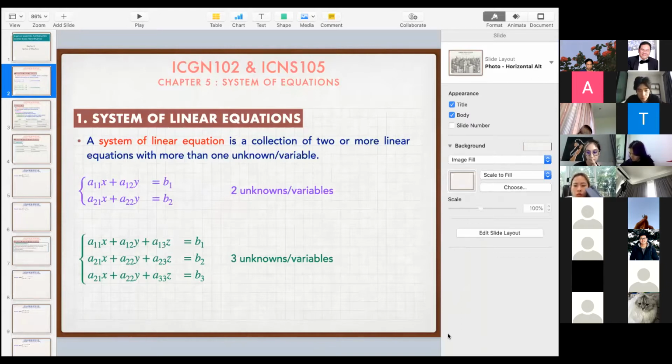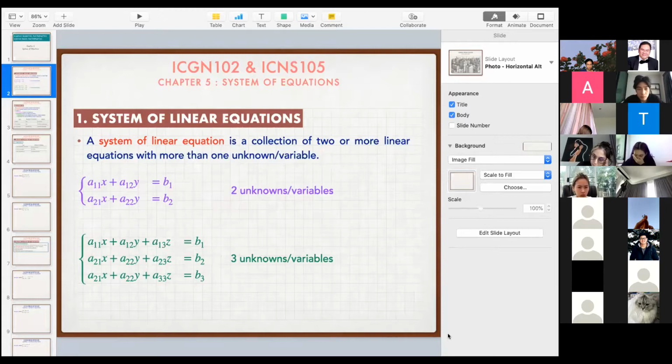When we talk about a system of linear equations, it means a group or collection of two or more linear equations that appear together with more than one unknown or more than one variable. You may have two, three, or four unknowns in those systems of equations, or just two unknowns for that system of linear equations.